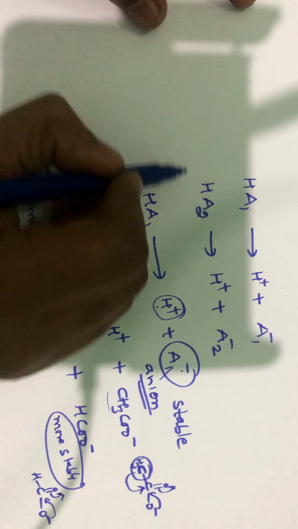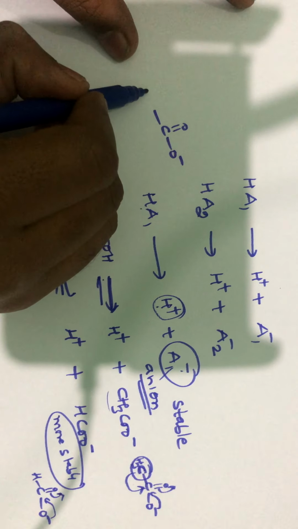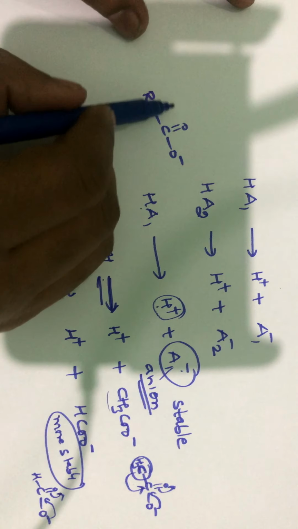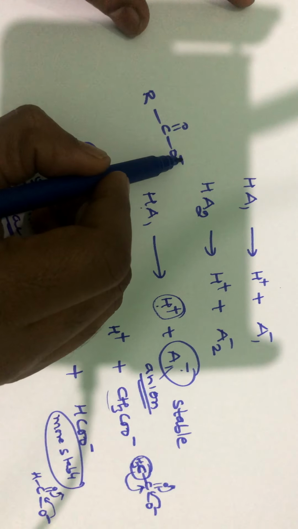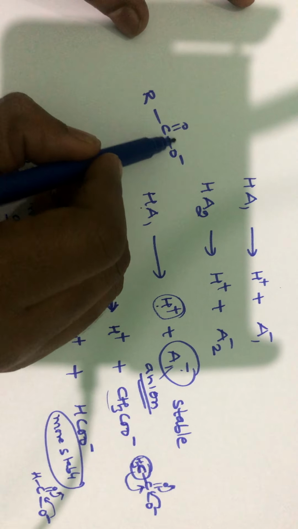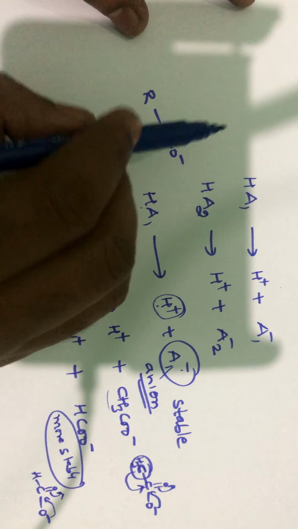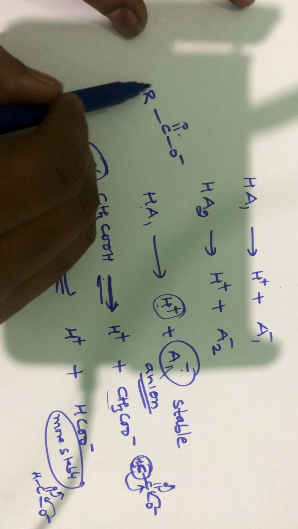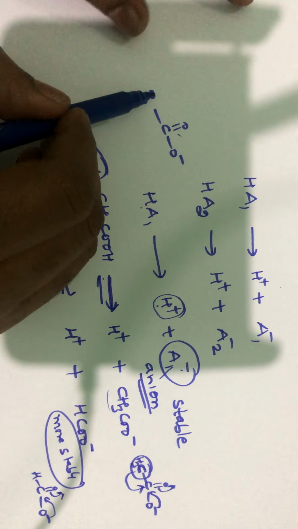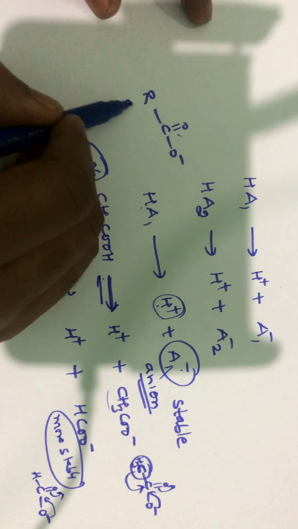See, this anion will be stable if the negative charge gets delocalized. The negative charge should get dispersed. To get dispersed, there should be someone who can pull this electron. If the R group is an electron withdrawing group, then the negative charge will get dispersed and it will become more stable.